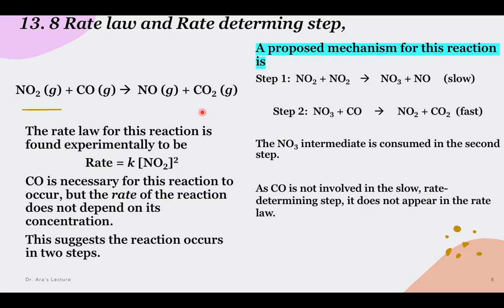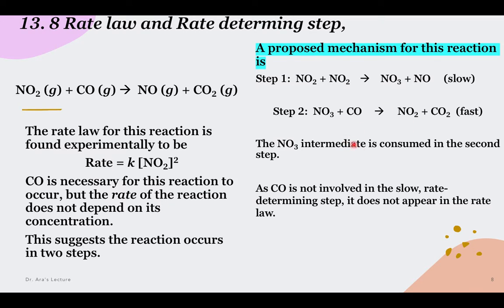And the experimental rate law of this reaction, with exponent or order, is k times the concentration of NO2 squared. Carbon monoxide is necessary for the reaction to occur, but the rate of the reaction does not depend on its concentration. So that's why overall we don't see it in the rate law.